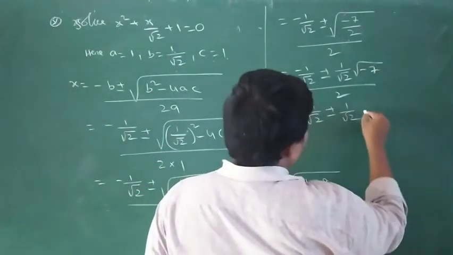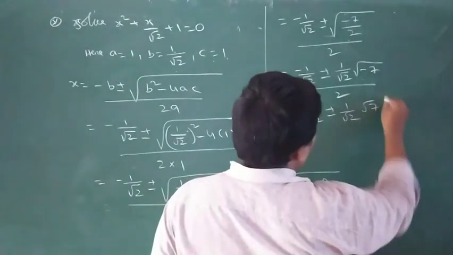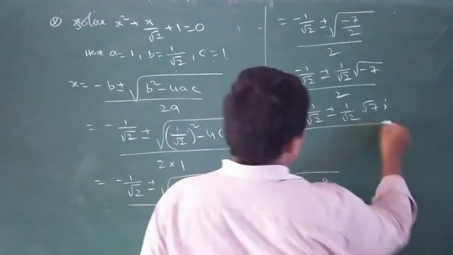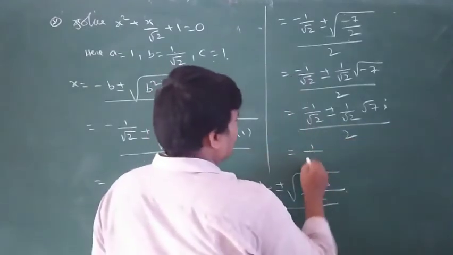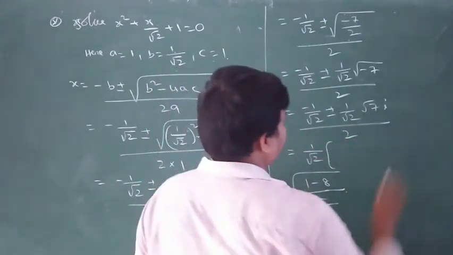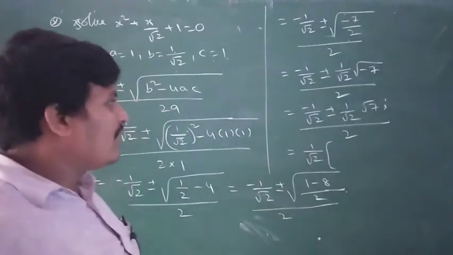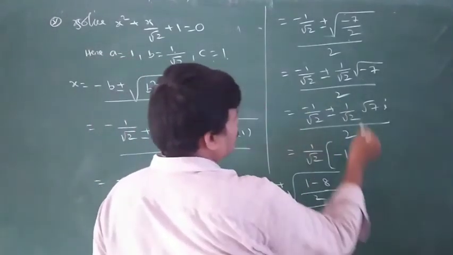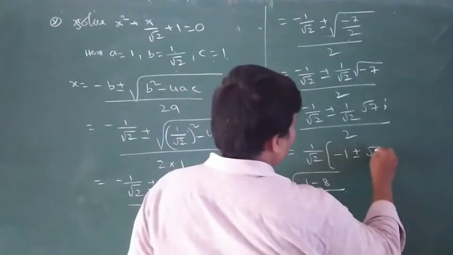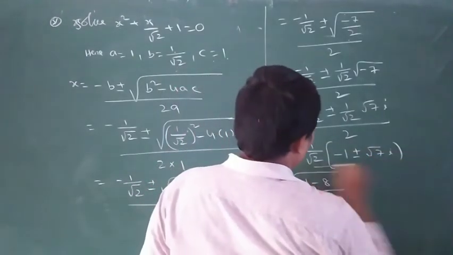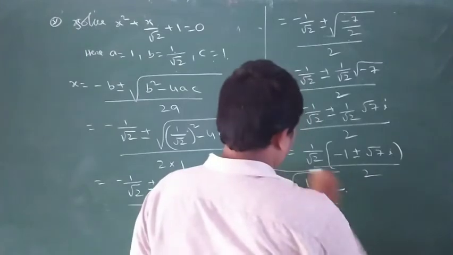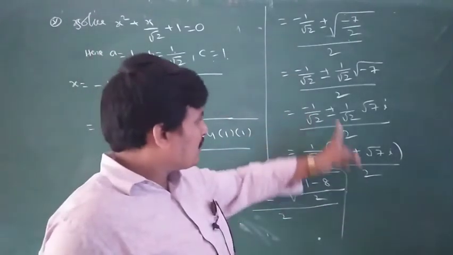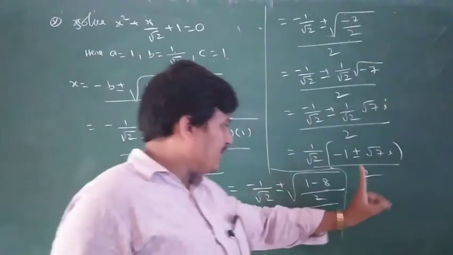The root of minus 7 means root 7i. So 1 by root 2 common: minus 1 plus or minus root 7i by 2.